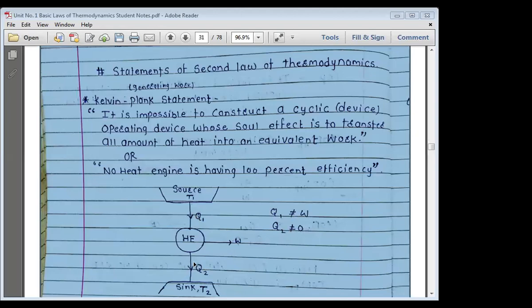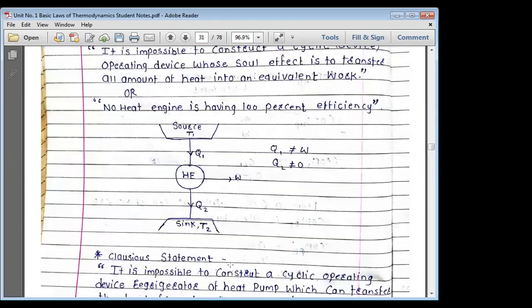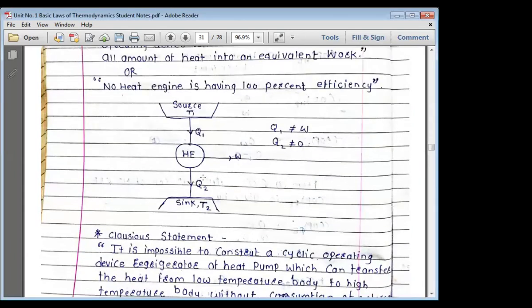There should be heat rejected from the thermal reservoir. If Q2 is 0, the heat engine will interact with only one thermal reservoir, which is not correct. No heat engine will react with only one thermal reservoir. It has to interact with both thermal reservoirs, that is source and sink.